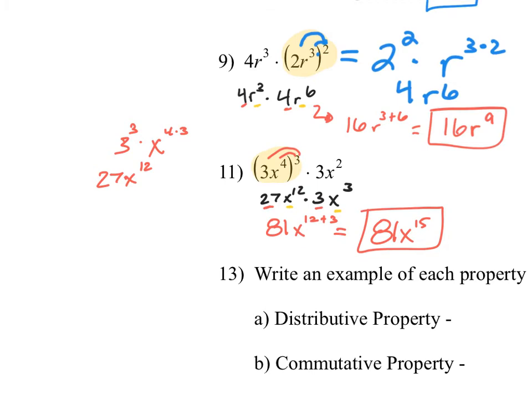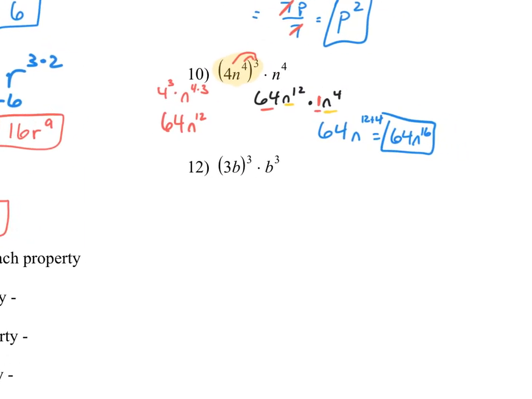And then the last problem, number 12, that is with the exponents. Same idea here. You've got another one, so you need to distribute that out. This one ends up being a little bit easier. You end up with 3 to the 3rd again times b. There's nothing written with your b, so what you have to remember is it's really b to the 1st. So that becomes 1 times 3. 3 raised to the 3rd power becomes 27, and b to the 1 times 3 becomes b to the 3rd.